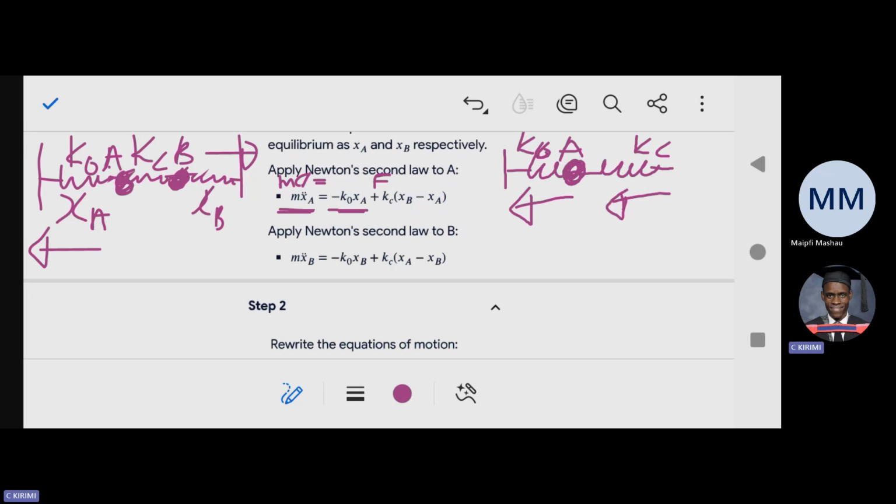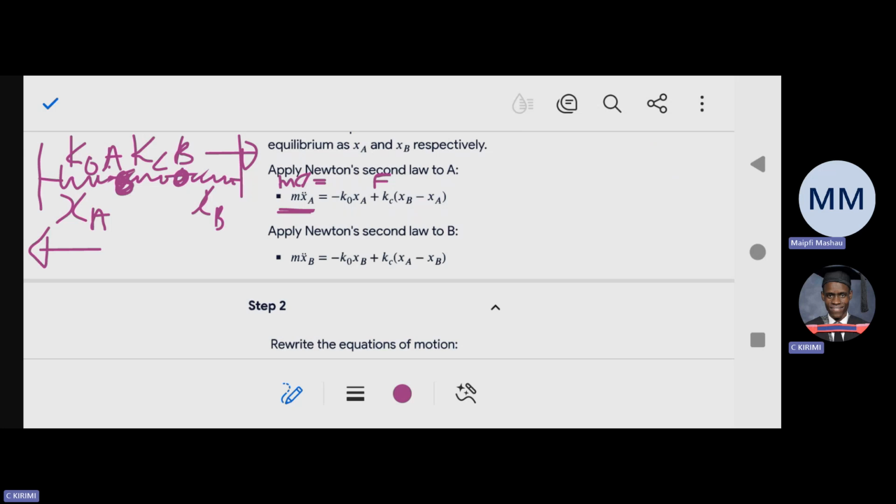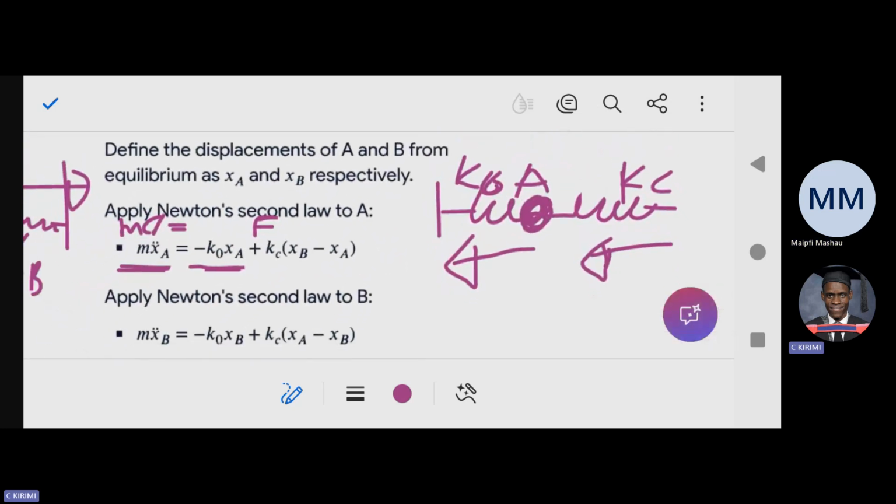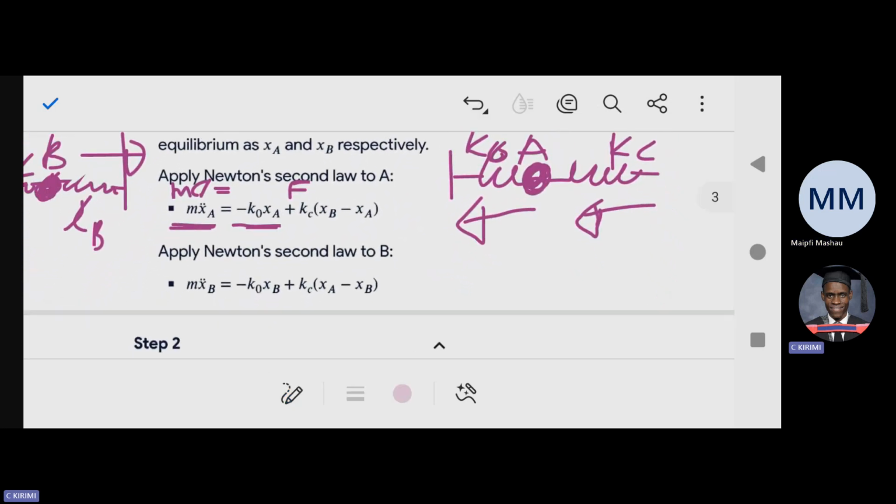So the restoring force is going to be negative for both the spring with the KC and the spring with the K0. So the total force. Sorry. If it's like this, how are you going to write the formula? Yes, if it's like this, you are going to write it like this.